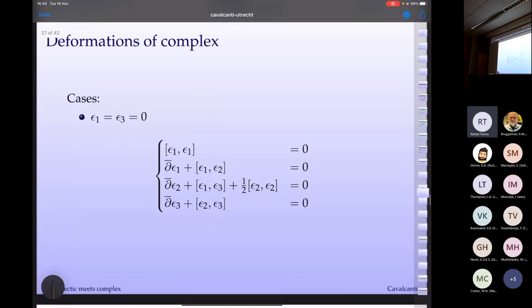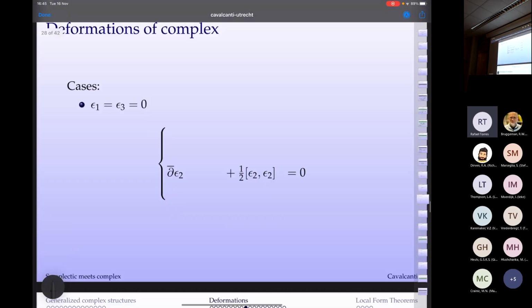Okay, so case 2, what if epsilon 1 and epsilon 3 are 0? So this is the bivector and the 2 form, and I'm just left with the endomorphism. So again, this term here, I see it goes away because it has epsilon 1. Here it has epsilon 1 in both, so it goes away. This one here has epsilon 2, this stays, but this guy disappears. And here has epsilon 3 on both, so it also goes away.